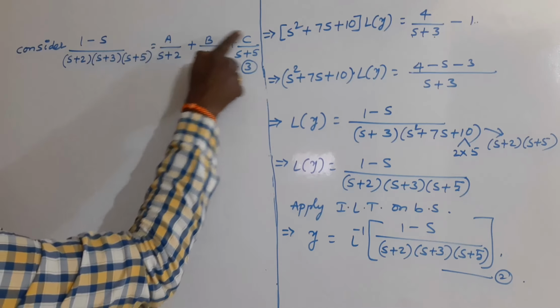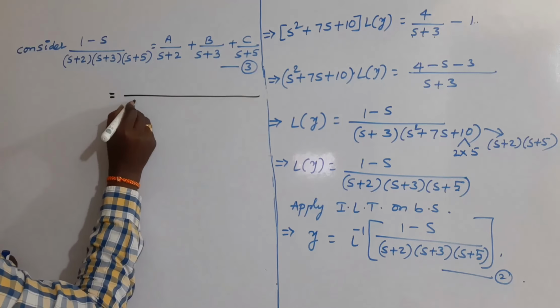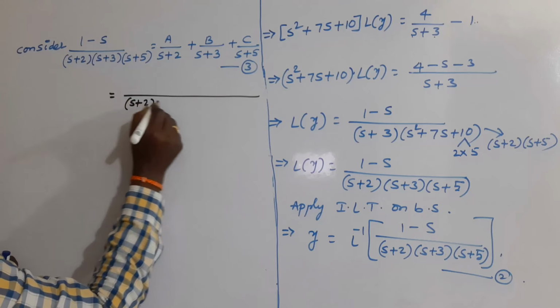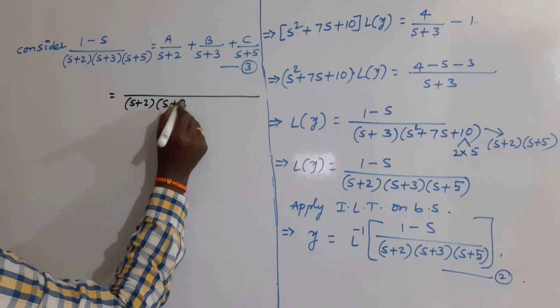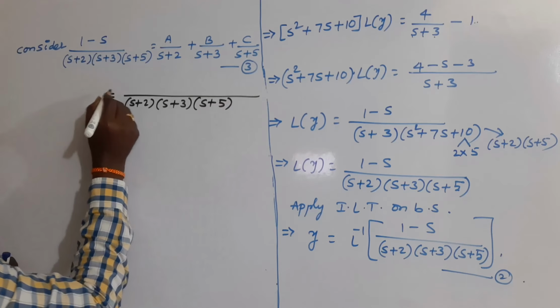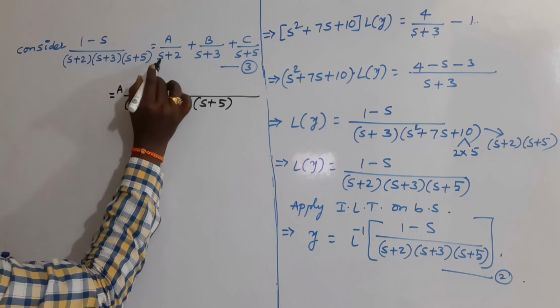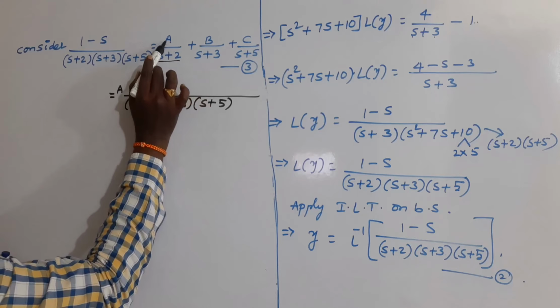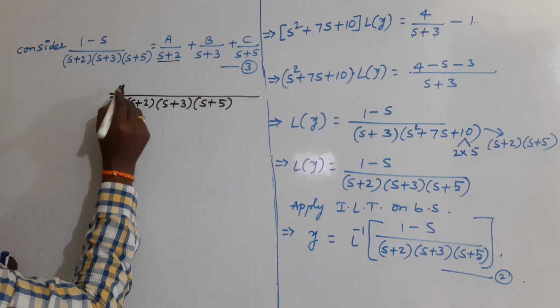I will find these values by taking the LCM. What is the LCM? The product of the denominators, because all are different: s plus 2 into s plus 3 into s plus 5. So that is equal to A into, already the s plus 2 factor is there, so you should multiply A with s plus 3 and s plus 5.